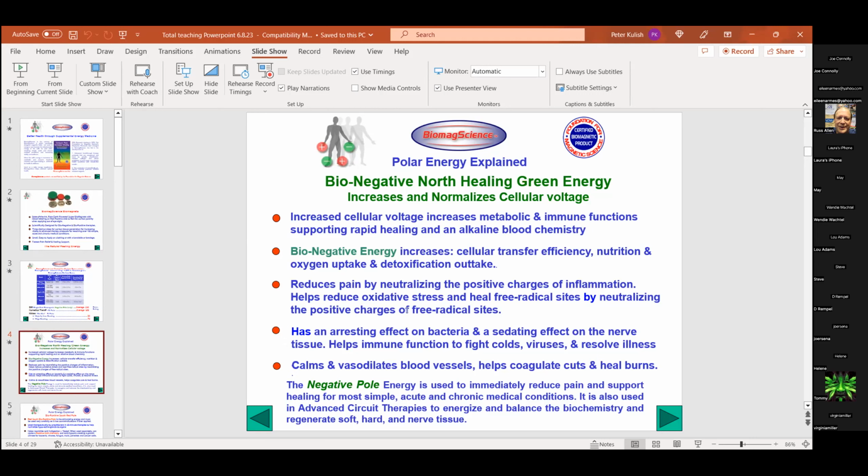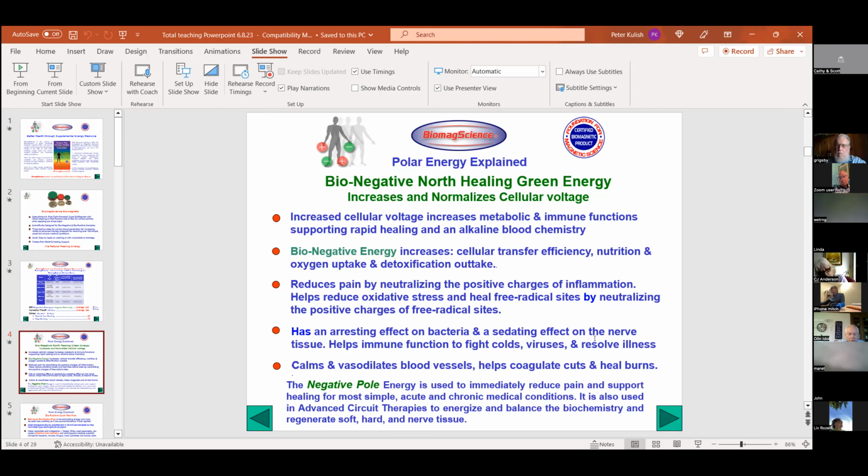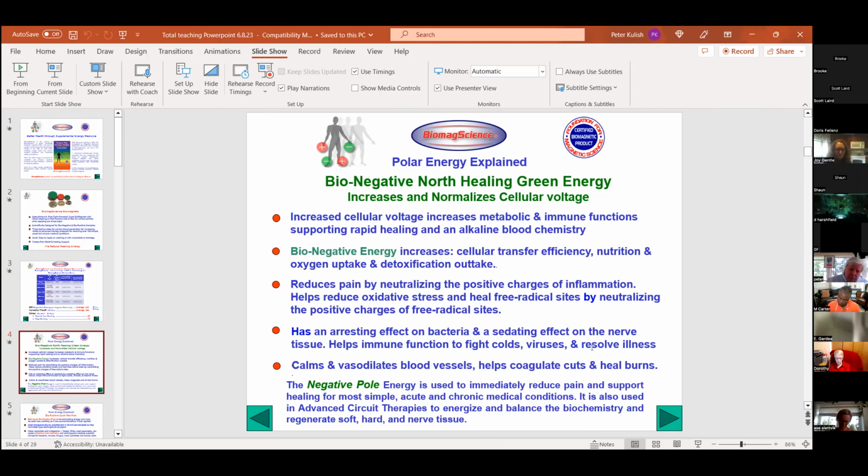Of course, the free radical sites are positive charged, and when you address a strong negative field on a positive charge, it neutralizes it. And then it has an arresting effect on bacteria and a sedating effect on nerve tissue. And again, it helps immune function to fight colds and viruses and resolve illness.